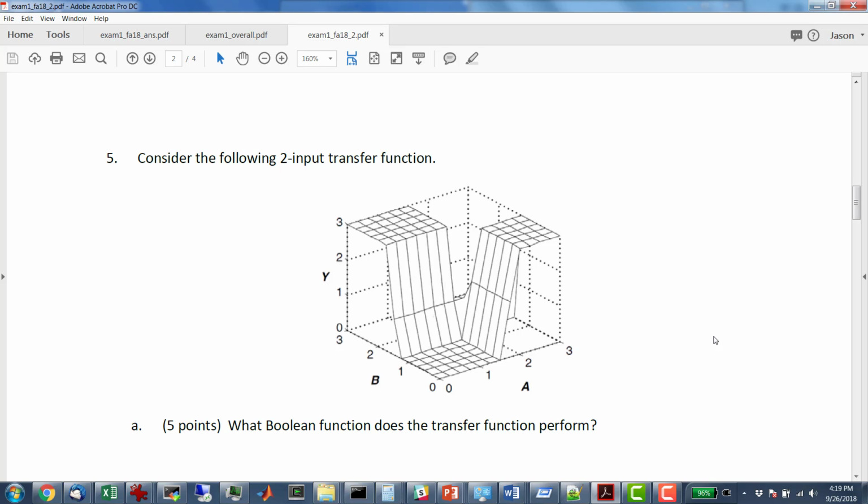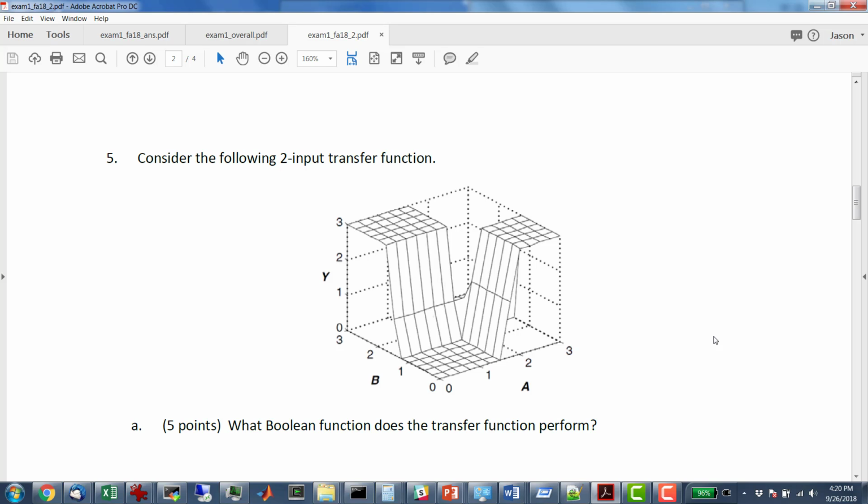So let's figure this out: A, B, out, Y. A is 1, B is 0, you're in this quadrant, and I got a 1.